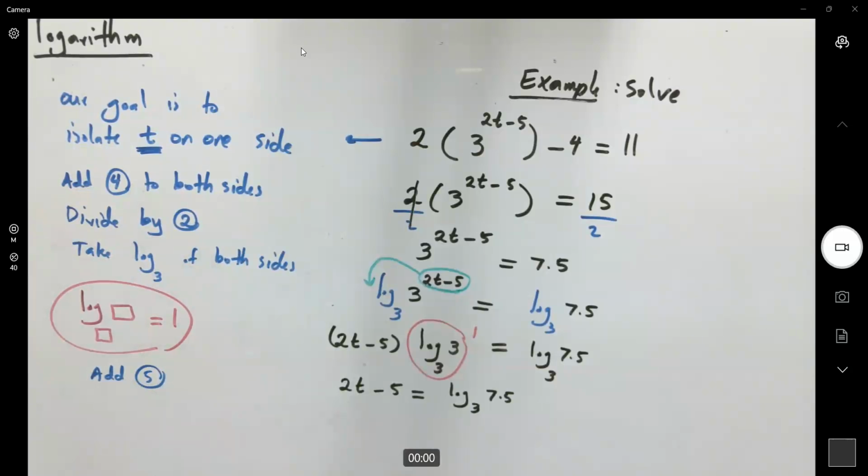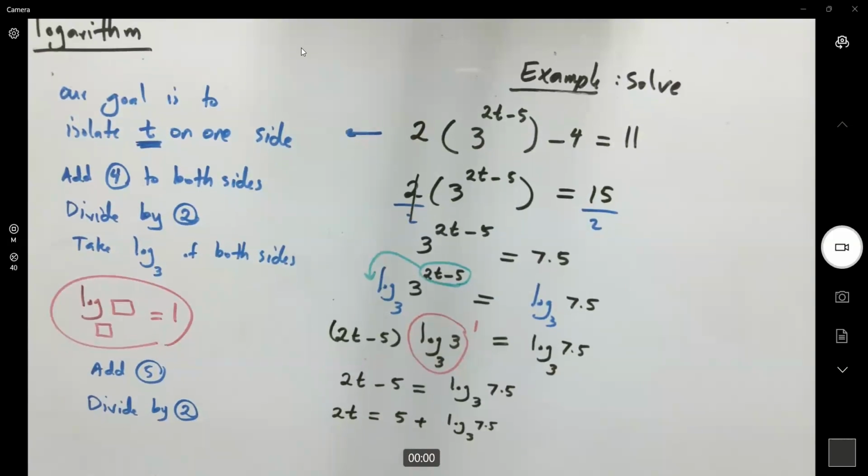If I add 5, I'm left with 2t equals to 5 plus this number, whatever it is. I have to use a calculator. Log with base 3 of 7.5. Now divide by 2. If I divide by 2, what do I get?